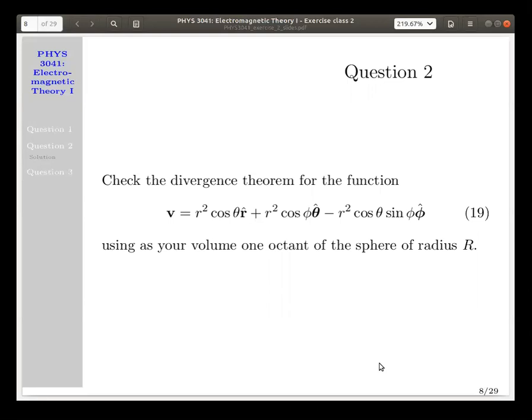In question 2, you are asked to check the divergence theorem for the function v and use the volume of an octant of the sphere of radius r.